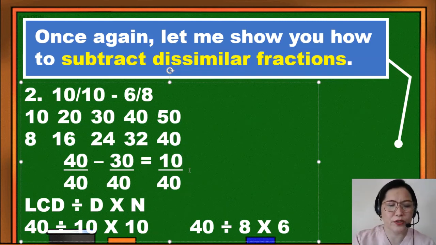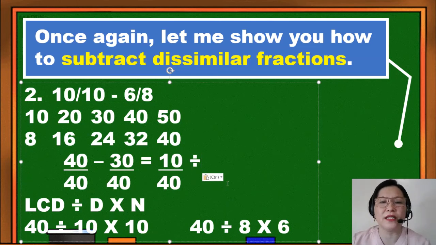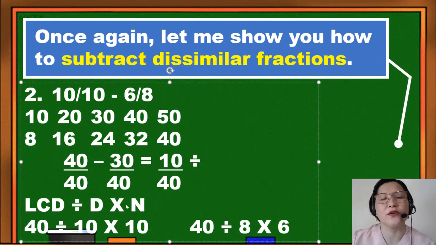So we're going to divide it by the greatest common factor of 10 and 40. So what do you think is the greatest common factor? Let's get the factors of 10, which is 10 times 1 and 5 times 2.